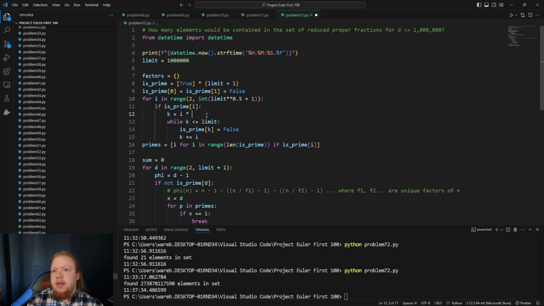I'm going to make this less efficient, and the reason that I'm going to do that is so that for every k, I can say what prime factors it has.